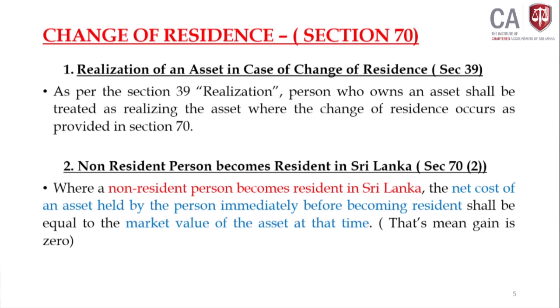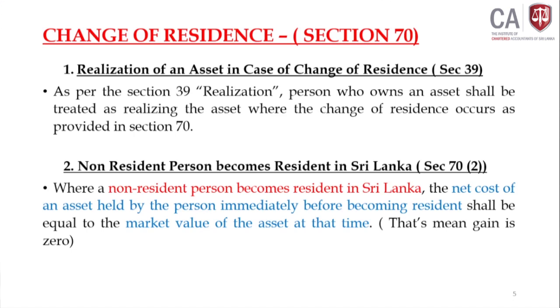Come to that. The first situation under section 70, covered in section 70 subsection 2, is where a non-resident person becomes resident in Sri Lanka. What will happen if so?